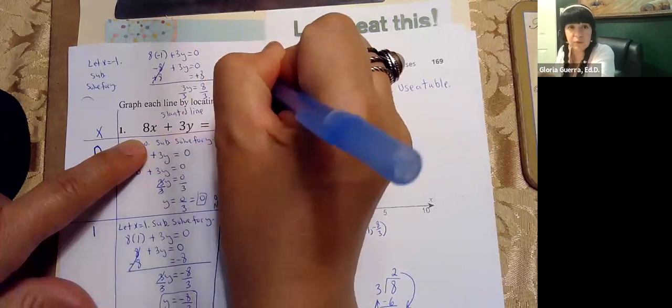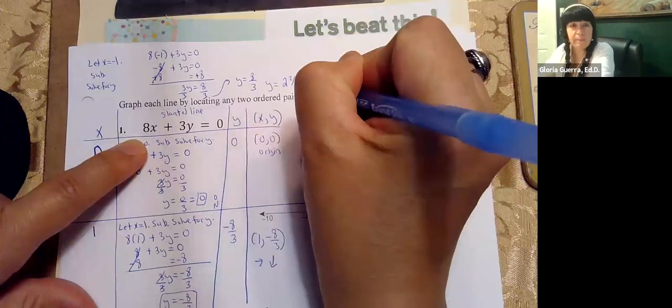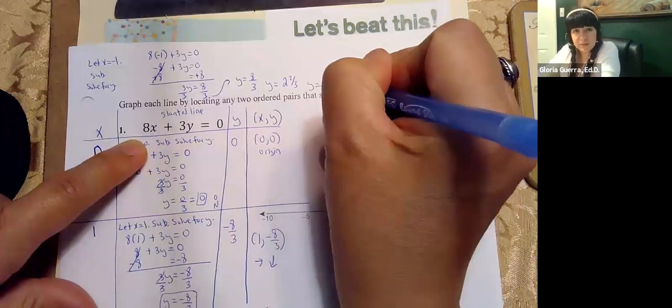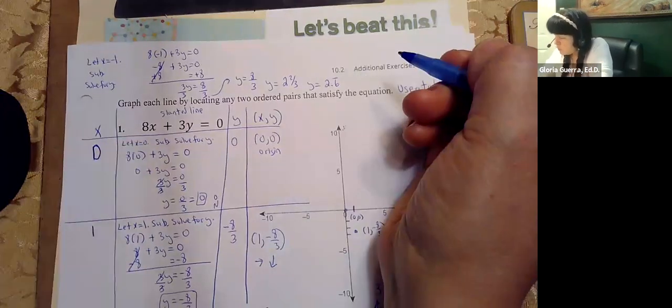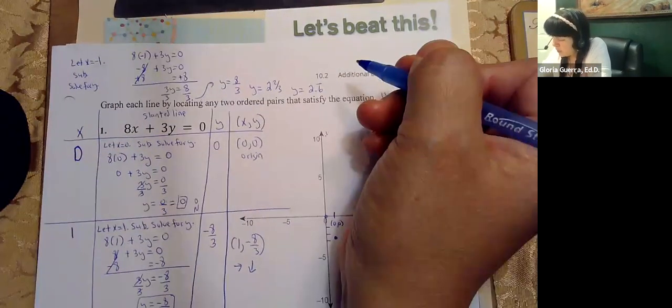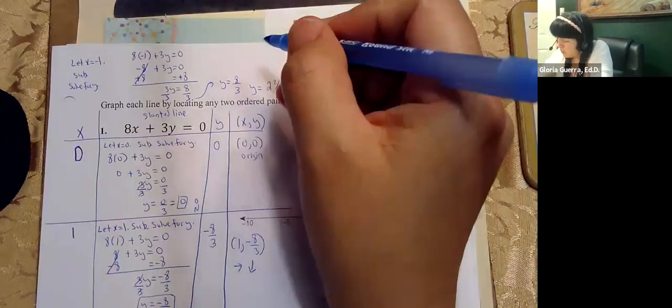And because you were working with the negative, that's positive 2 2/3, which is positive 2.6 repeating. So it's just the positive of that. When you let x be -1, y is that. So you have the ordered pair -1 and 8/3.